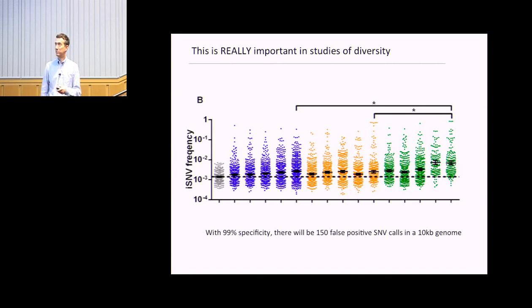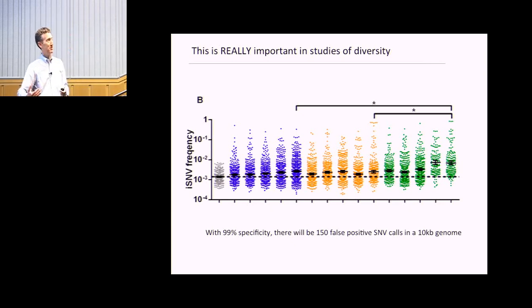And so what is often reported in the viral literature is like, well, we achieve 99% specificity with our variant calling, okay? Which sounds great, right? 99% is awesome. But if you have a 10 kb genome with 3 possible bases at each position, there's essentially 30,000 possible variants that you're calling.